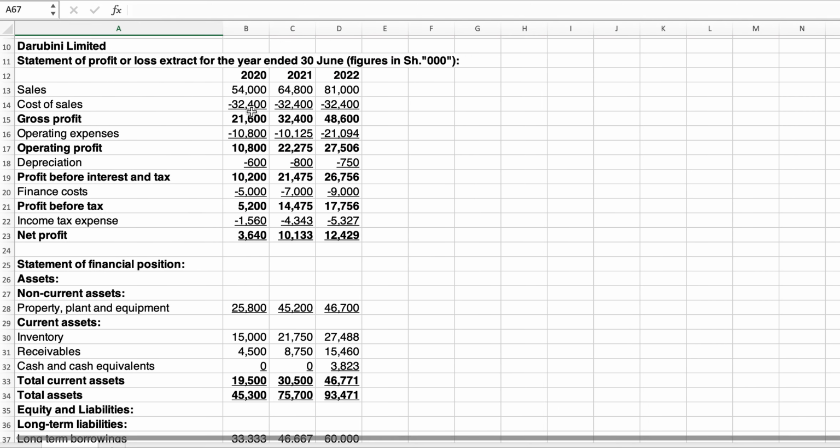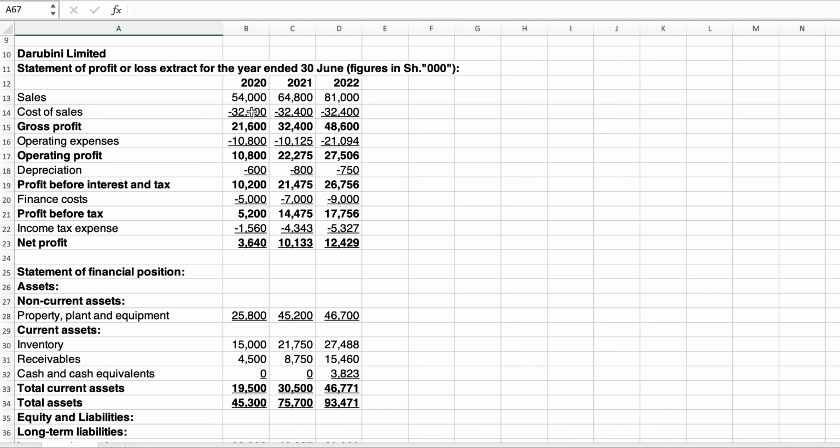So in the case of the year 2020, we don't have the inventory for the year 2019. So we will not be able to use the average inventory. So we'll just take 15,000 here as our inventory.